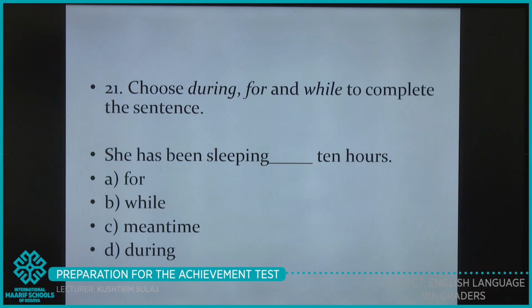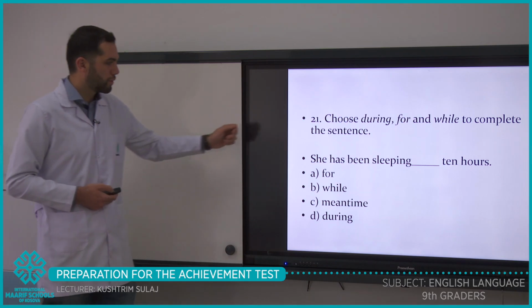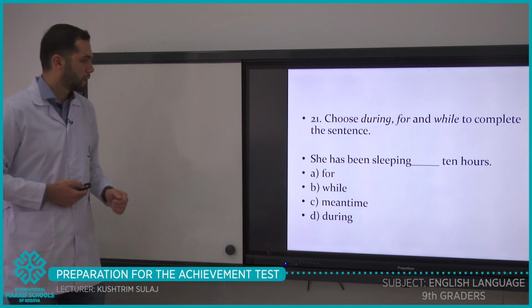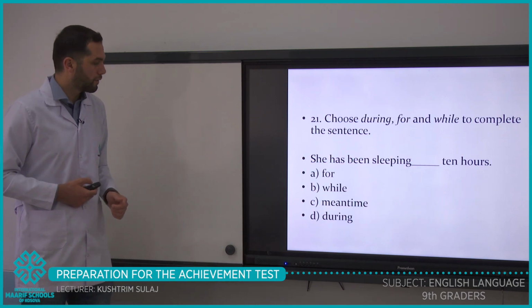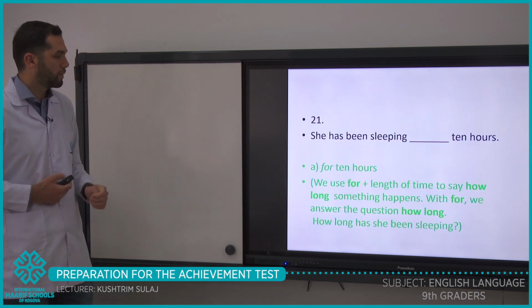Number 21, choose during, for, and while to complete the sentences. She has been sleeping for, while, meantime, or during 10 hours. Choose one of the options. If we say she has been sleeping, you have to choose for, while, meantime, or during.